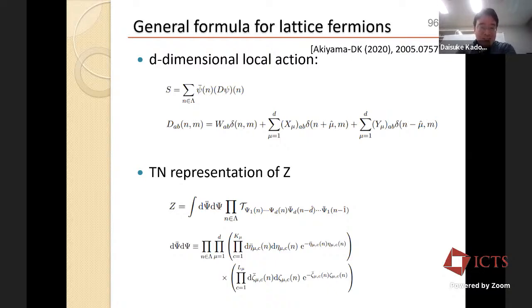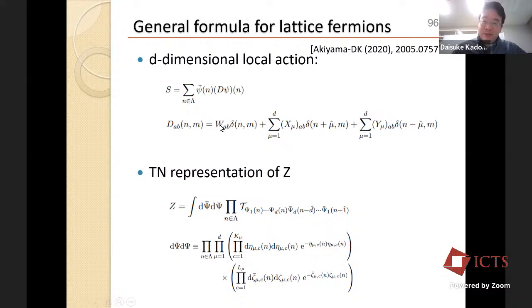Let's consider the local fermion action defined by this Dirac operator. I assume that the lattice fermion action has nearest neighbor interaction.